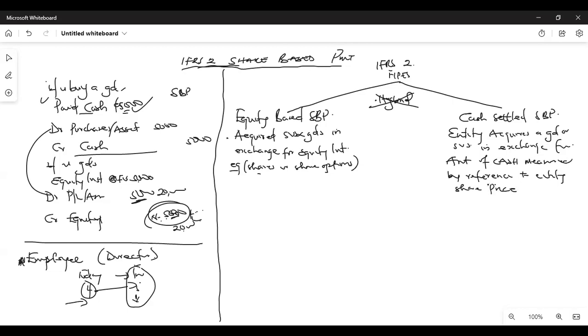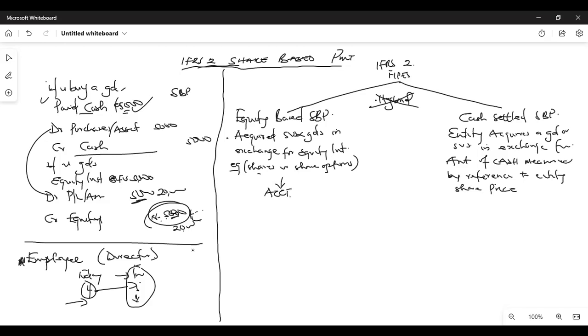I'll show you the difference between the two now. Now let's look at the accounting treatment of this one. So this one, we are saying that I buy good from you. Once I bought the good from you, I have given you a number of shares. I didn't give you the price of a share. I said I've given you the number of shares.